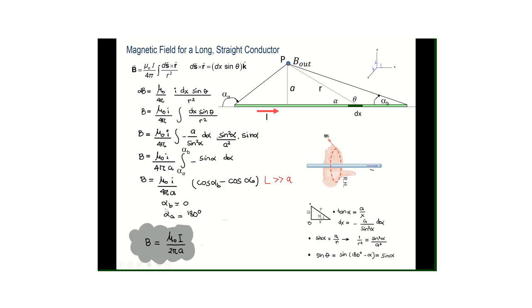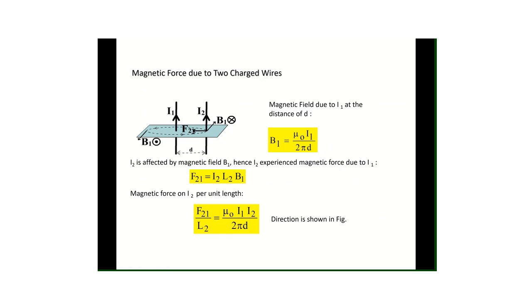In this case, we can simplify that the αb is approximately 0 and αa is approximately 180 degrees. So then we could find that the magnetic field for a long straight conducting wire B is equal to μ0I over 2πa. We can also find the magnetic force due to two current-carrying wires.